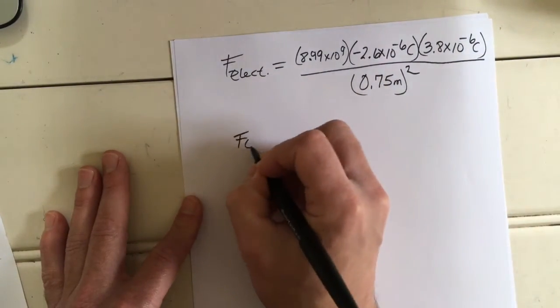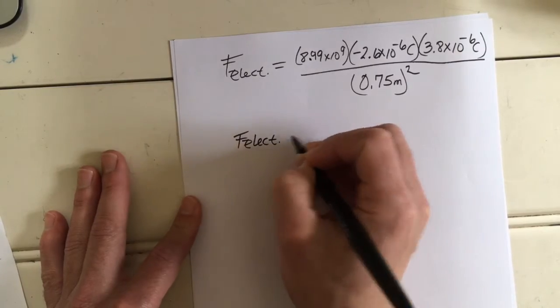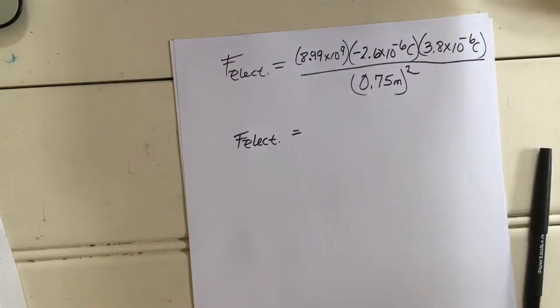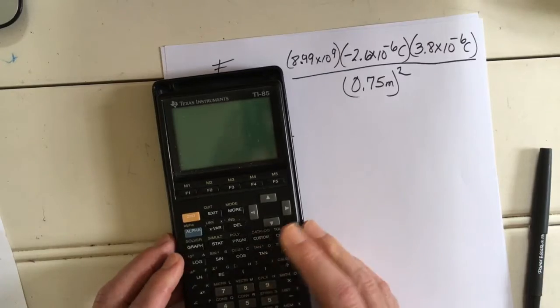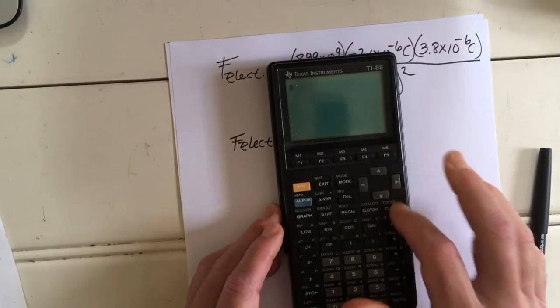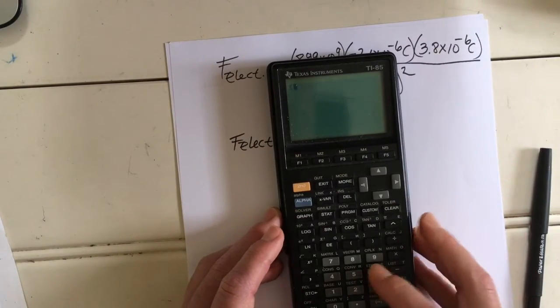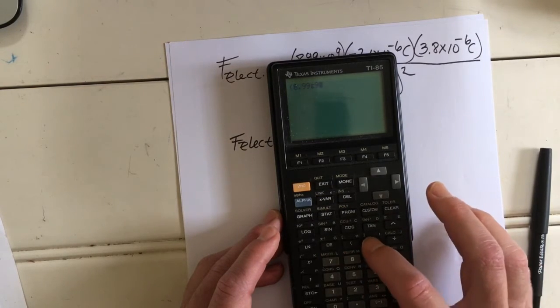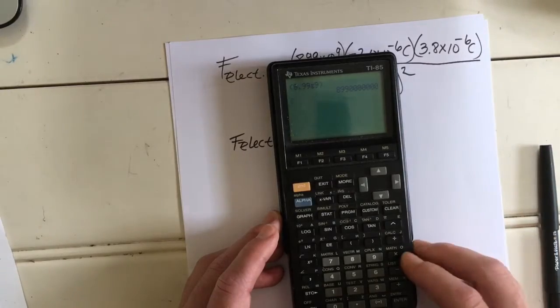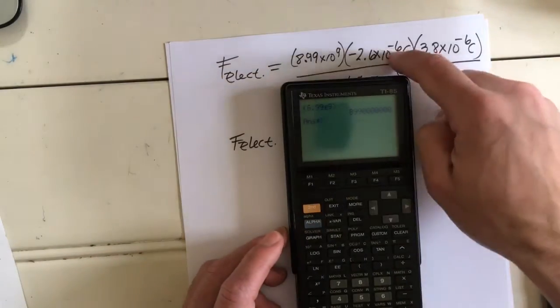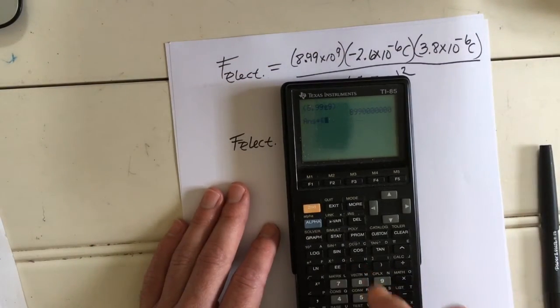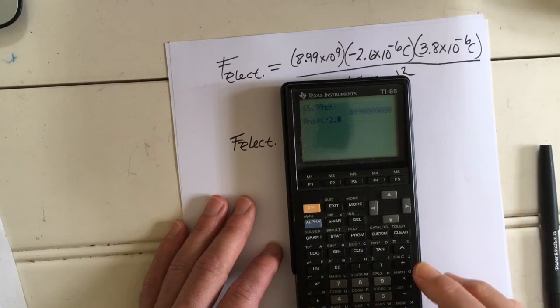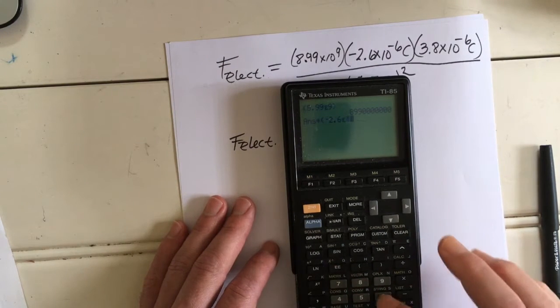So I like to then crunch the top, crunch the bottom. Let's see if I have my calculator. And give this one a shot. I like to put all these in using parentheses, so that's 8.99 EE times 10 to the ninth. You got that right there, a large number, times the charge for the balloon, parenthesis again, negative 2.6 times 10 to the negative 6th.